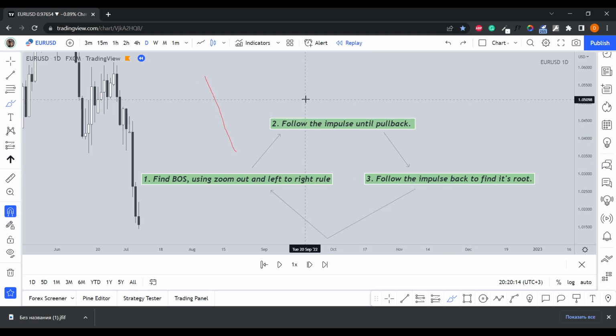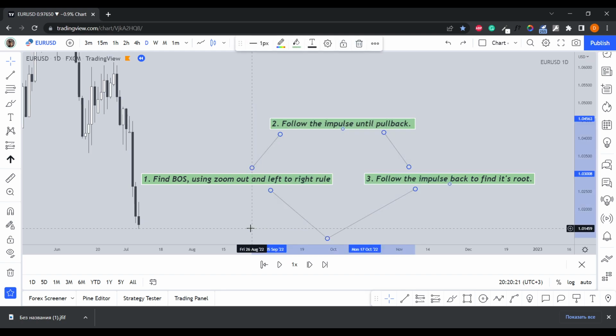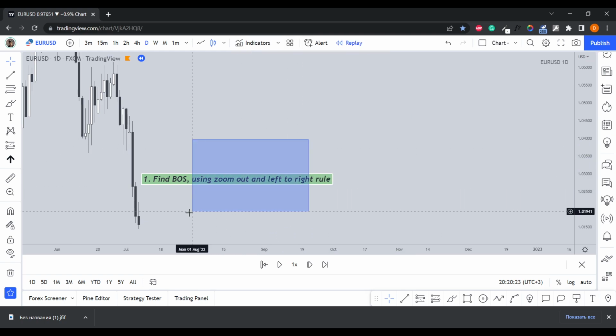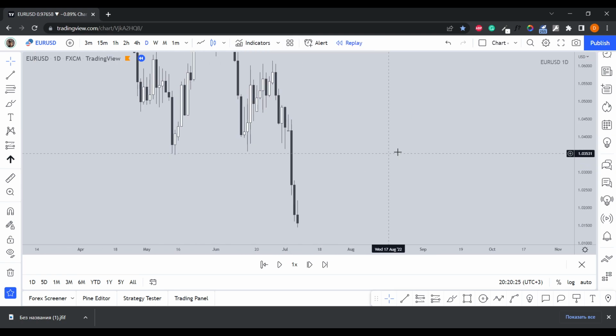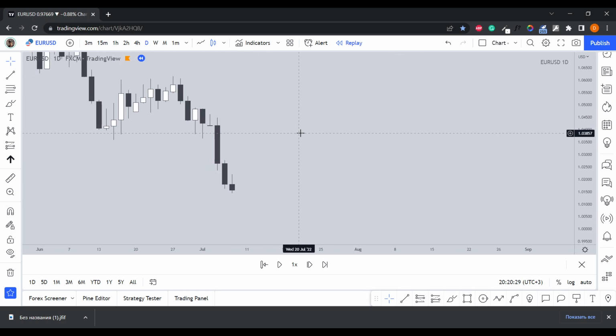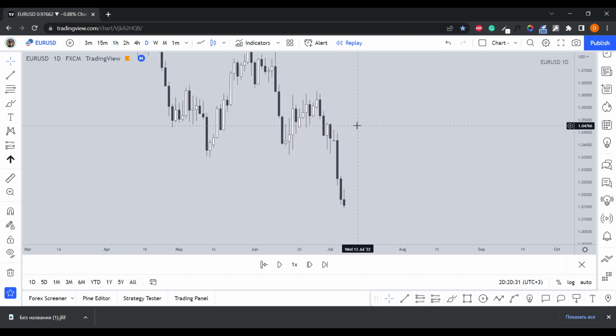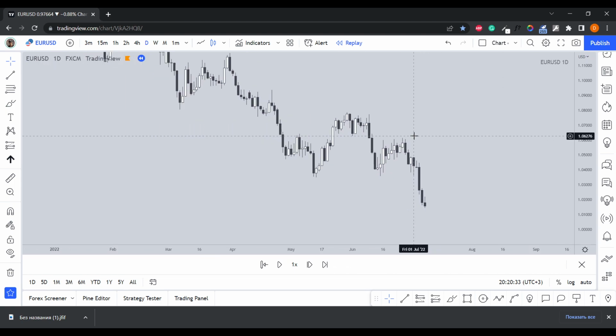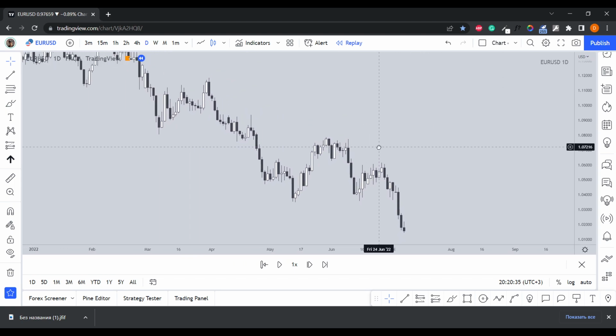Okay, so let's see what it means in practice to use this markup circle. So here is a market. First of all, we zoom out and go left to right, trying to find our recent ranges.